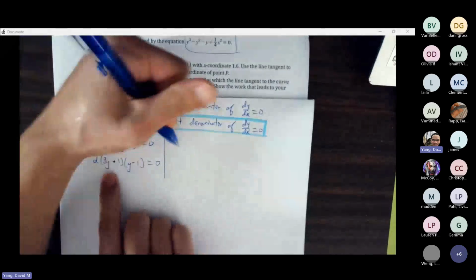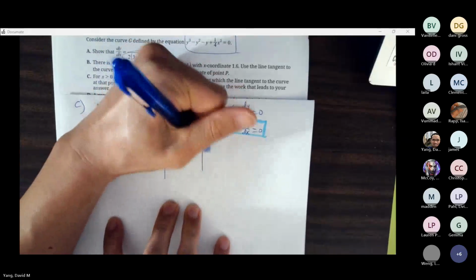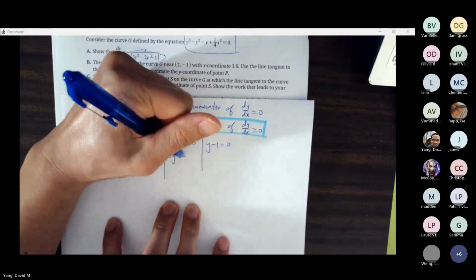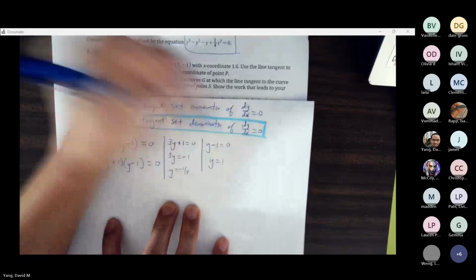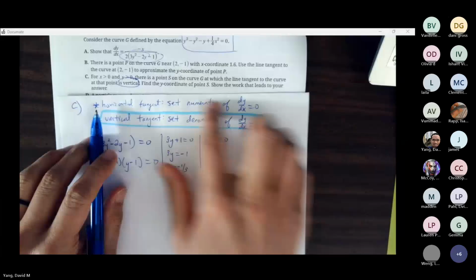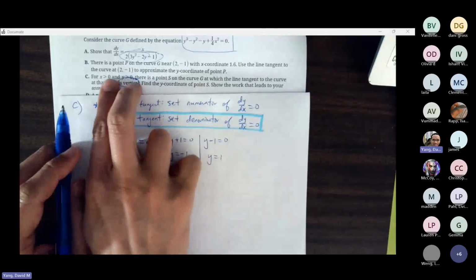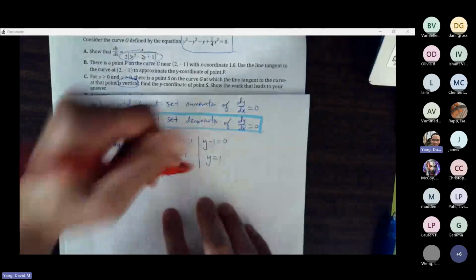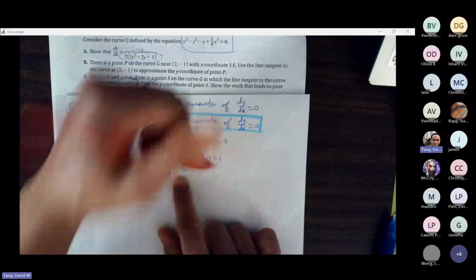Solve for y. It says x and y greater than 0, so the negative 1/3 is not going to fit that criteria. So the only y coordinate of vertical tangent is at y equals 1.